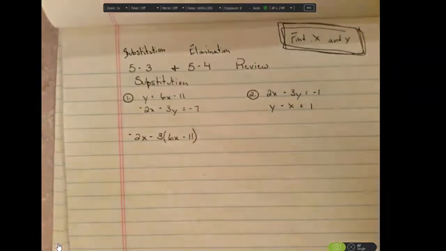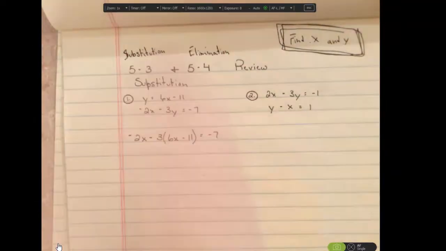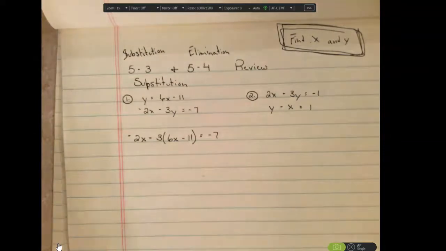Remember, we're keeping it in parentheses. I finish my equation by putting it equal to negative 7. From there we continue to solve just like we normally would. The first thing I need to do is distribute.